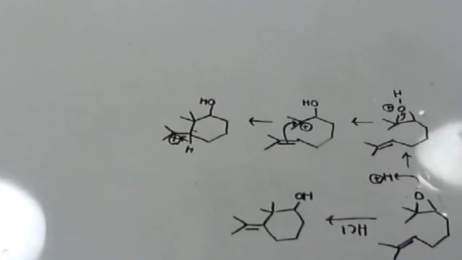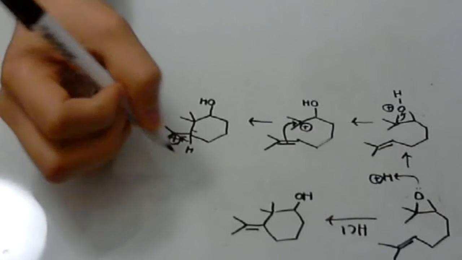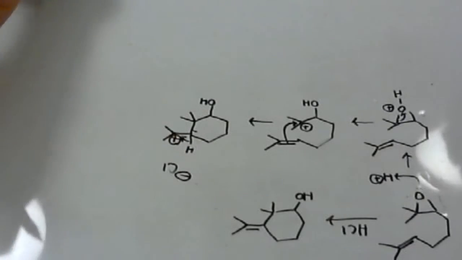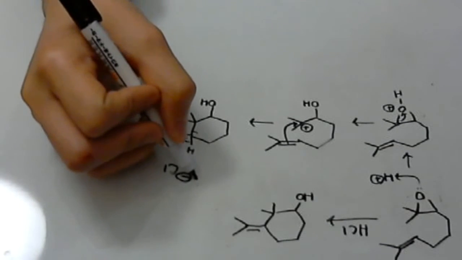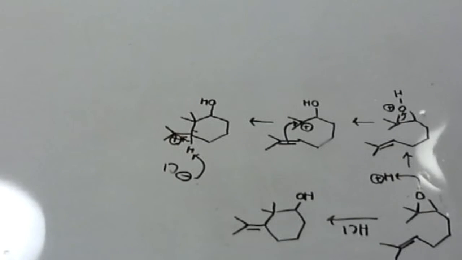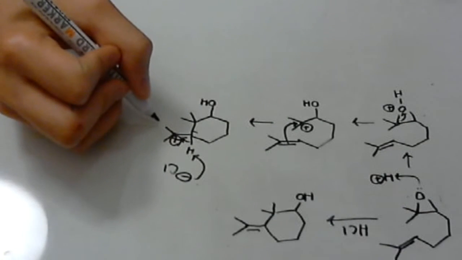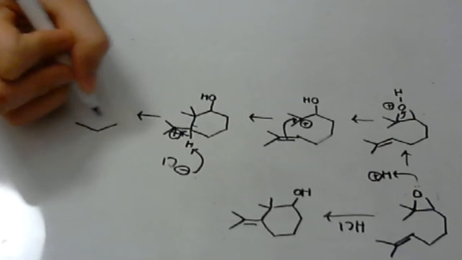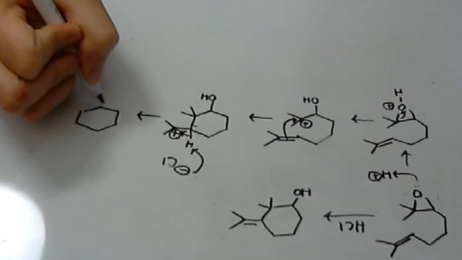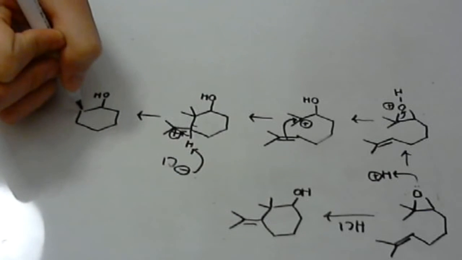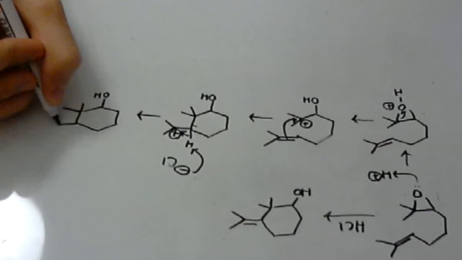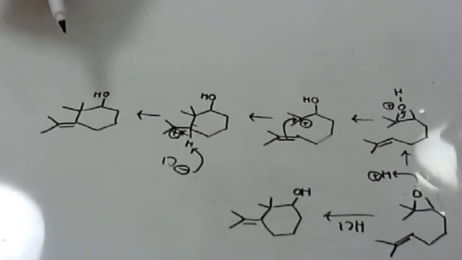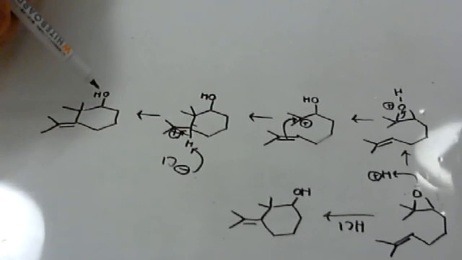So what do we need to do? We just take the most basic species we have in solution, which is just Cl-. And that forms our product. That should agree with this molecule right here, which I believe it does.